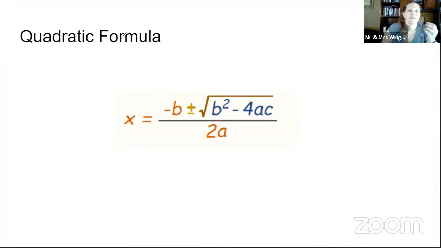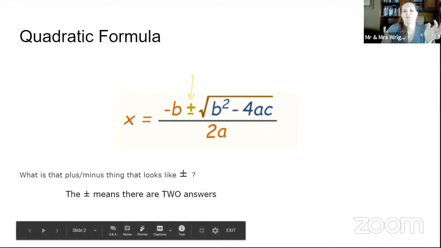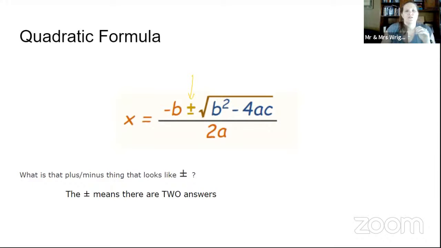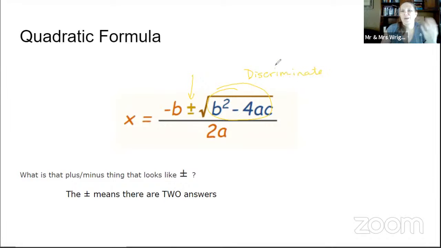Now, here we see that plus or minus sign again. Remember, what does the plus or minus sign mean? It means that there's going to be 2 answers most of the time. What's under the radical symbol is called the discriminant, and that'll tell us how many answers we have or what kind of answers we have.